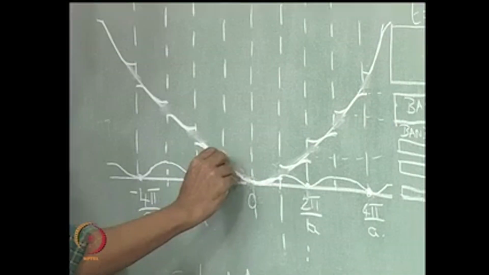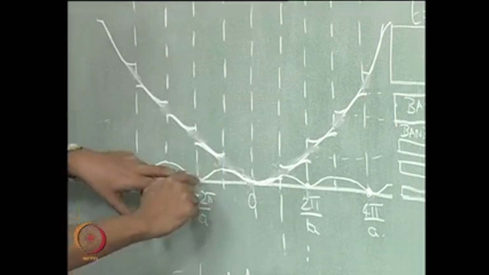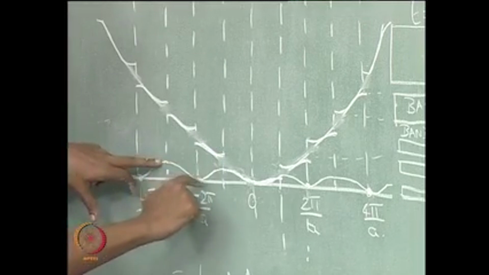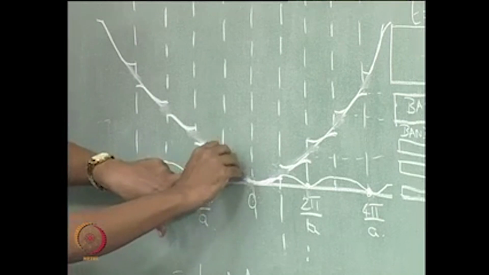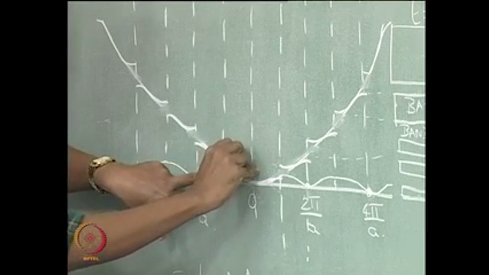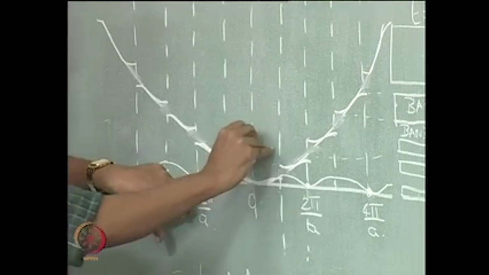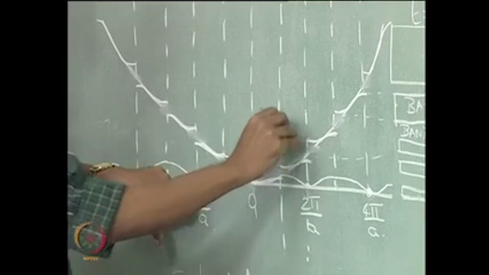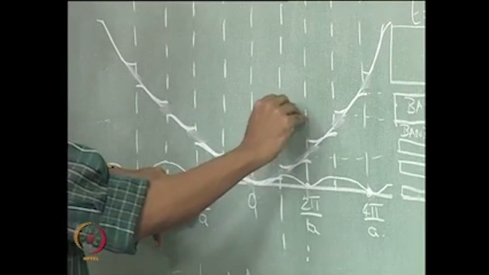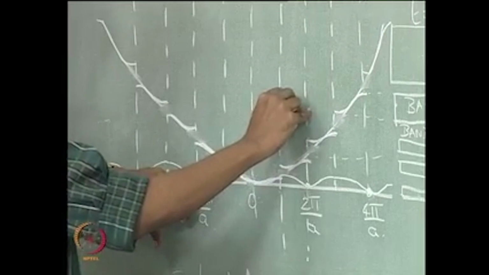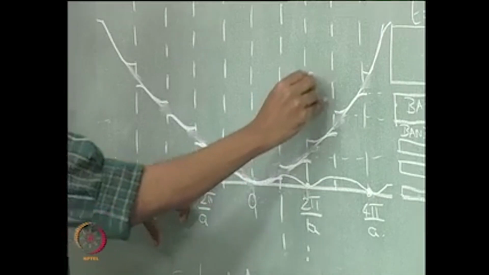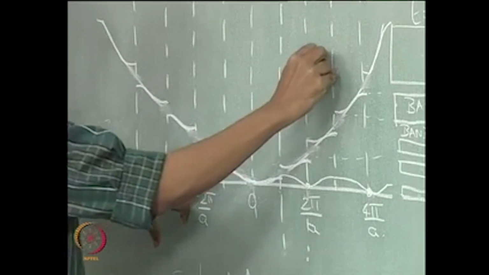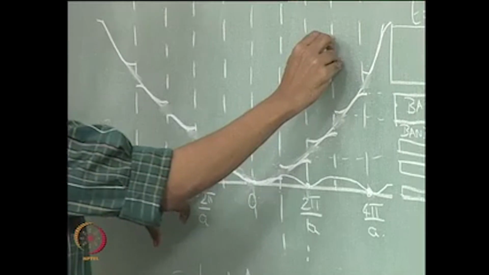Fine. Now the next feature that you see here will also occur similarly across every lattice point. So if you look at the second lattice point, you have drawn this curve here, the next structure will start here and go up here, the next one will start here and go up here, and the next one will start here and go up here, and then the next one starts here and goes up there, right.